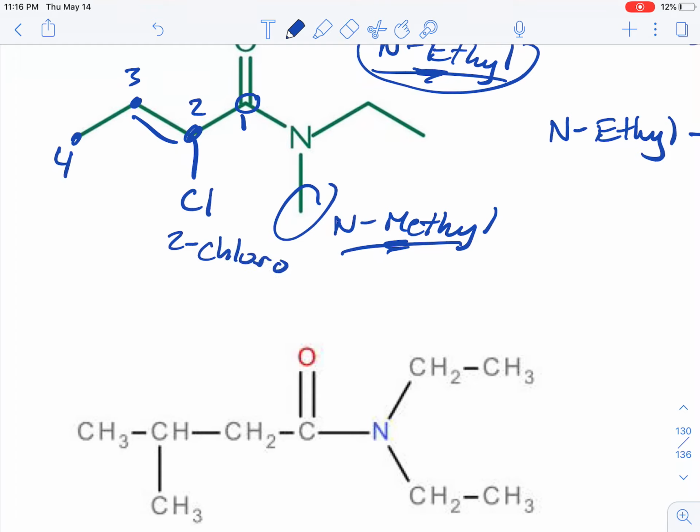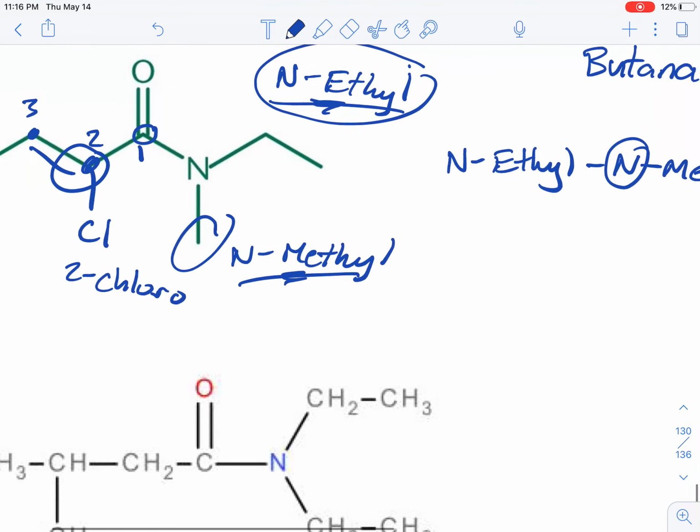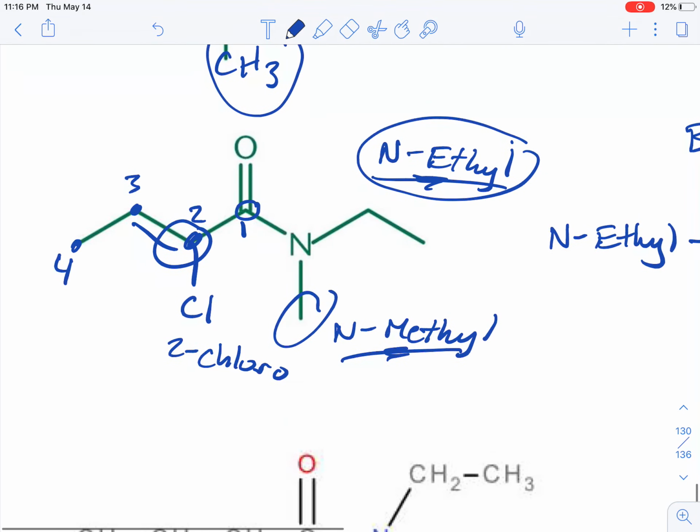And I have on carbon 2 the beginning of a double bond. And so the name of the parent chain is going to be butane. Okay, so sorry, a butene, which I'm going to erase the E, so this is butene.